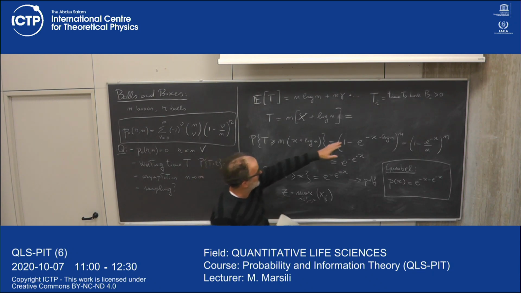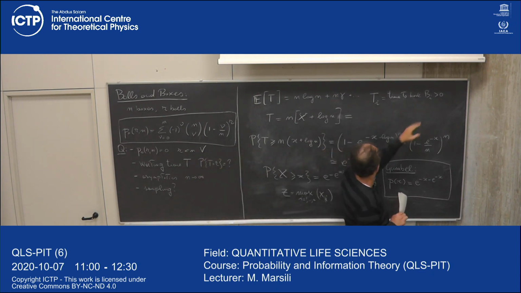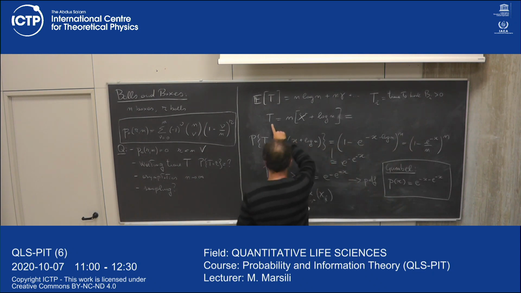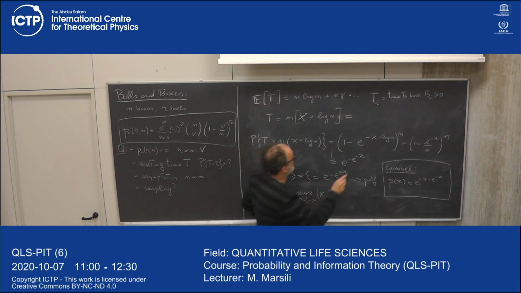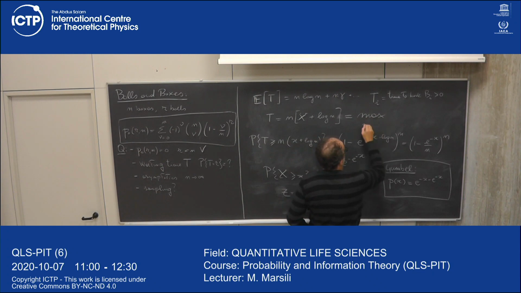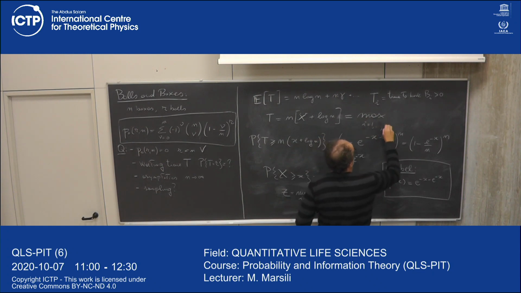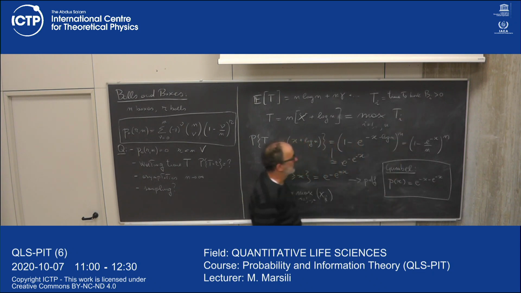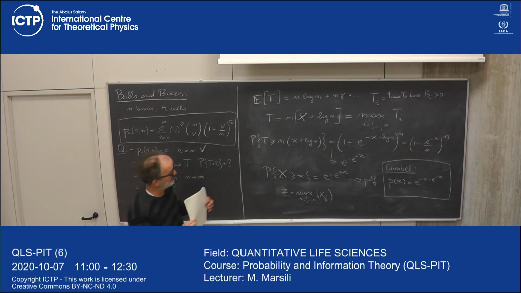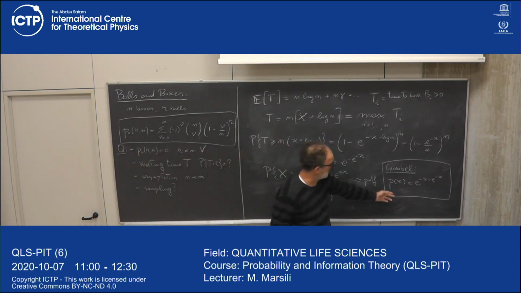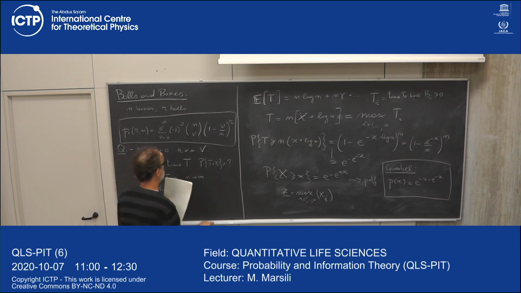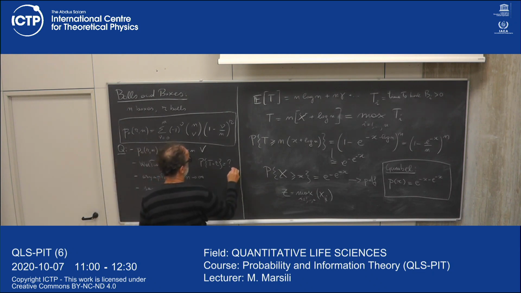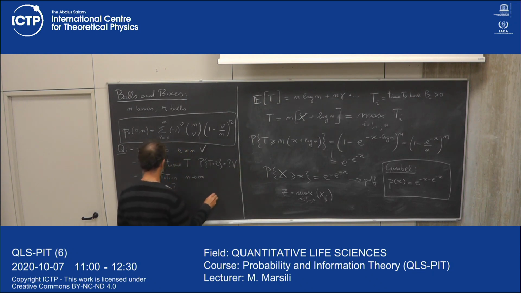And then if you define this random variable for each box, then it is clear that the time you have to wait for all the boxes to have at least one ball is the maximum of these random variables. Okay? So the fact that you get the Gumbel distribution in this case is not at all a coincidence. Okay, so essentially we have more or less understood what is the asymptotic distribution of t.